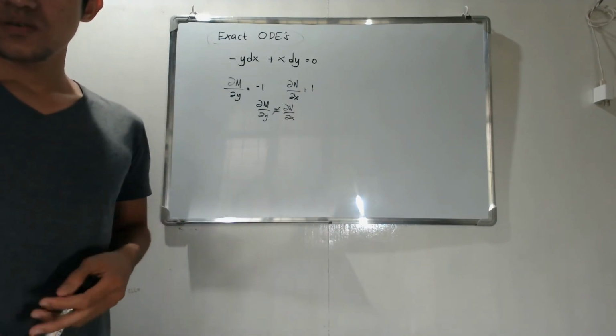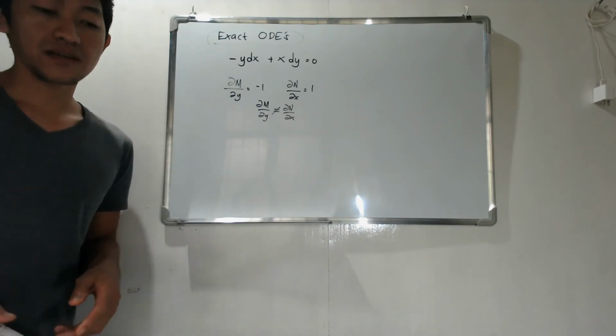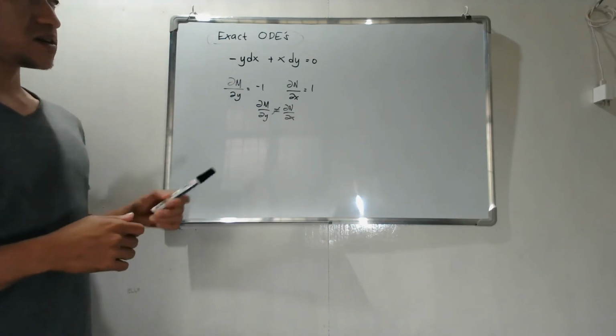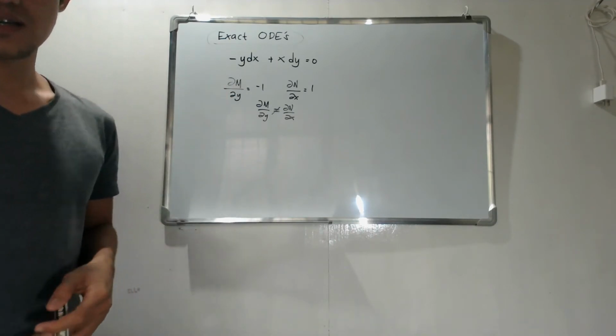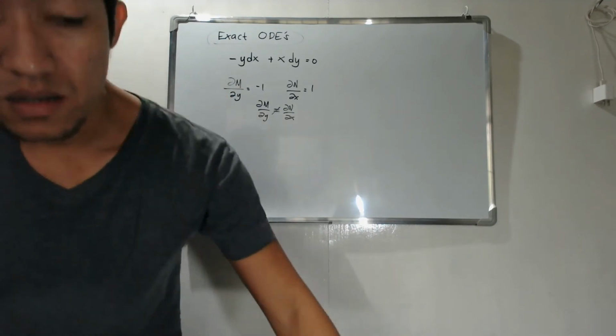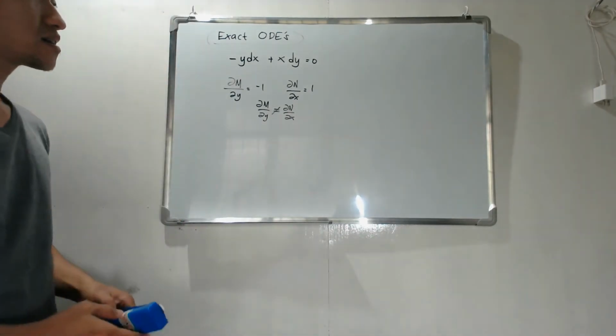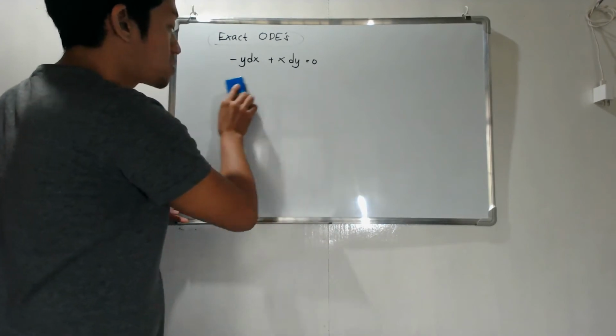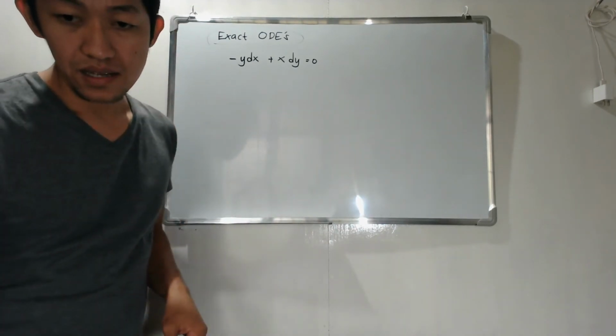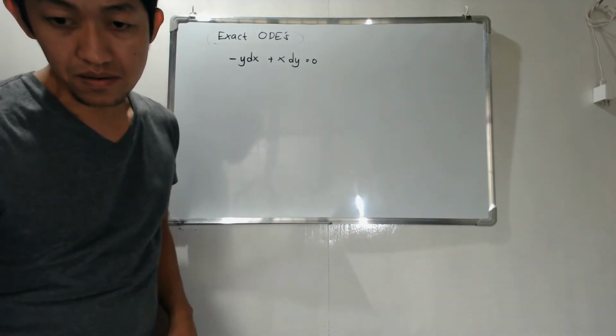So what do we do? Okay, there are times wherein you can reduce this one into a separable or into an exact ODE. Okay, so how do we do that? We multiply by a certain factor. Okay?